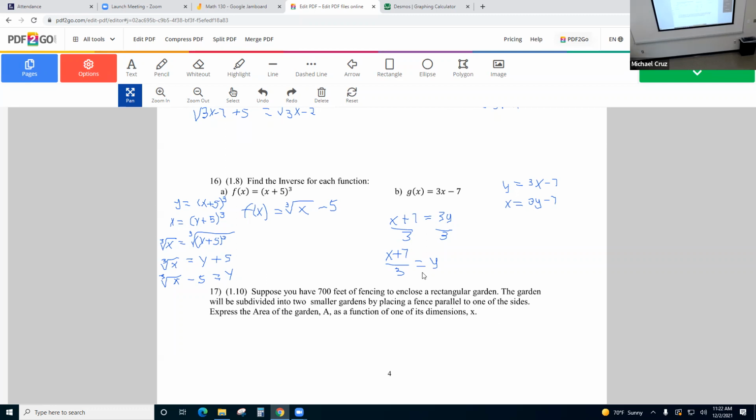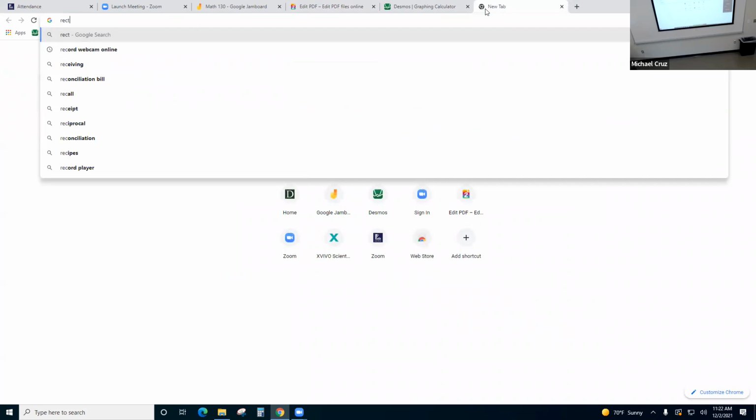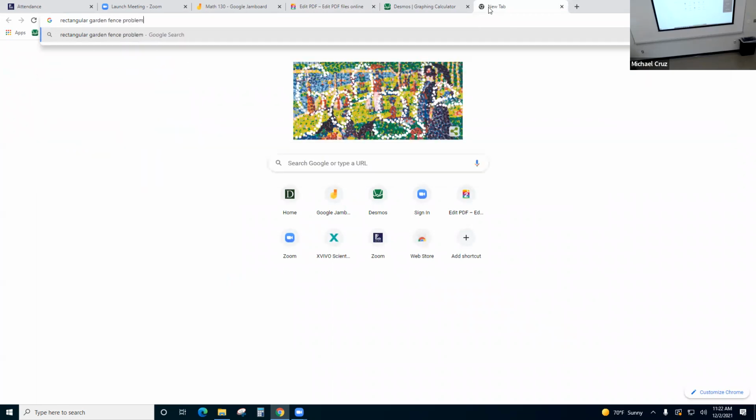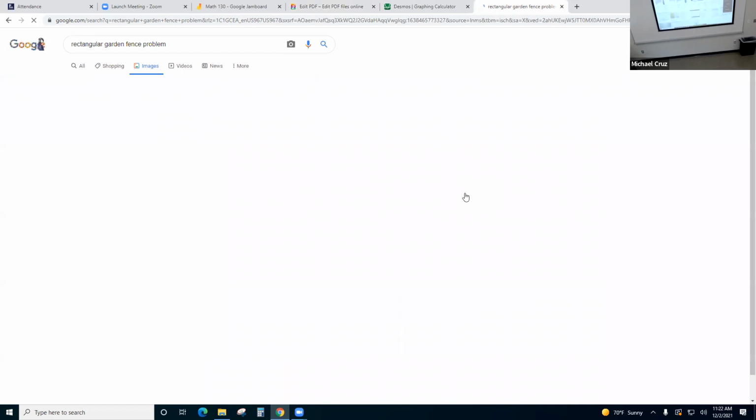It'd be nice if they give us a drawing. I'm terrible at drawing, but I know we had a drawing. Let's see if I can find one. Because it really helps. Like in the book and in the homework, they usually have a drawing.